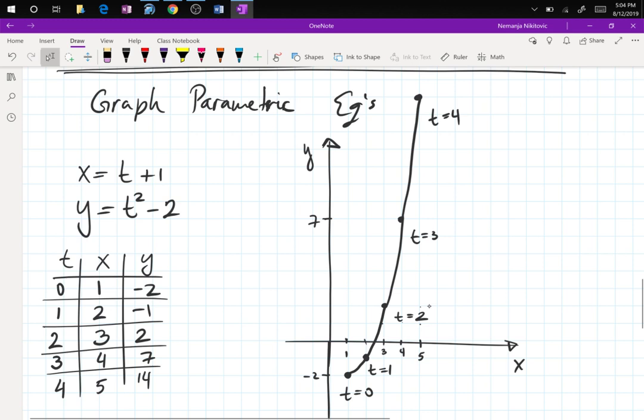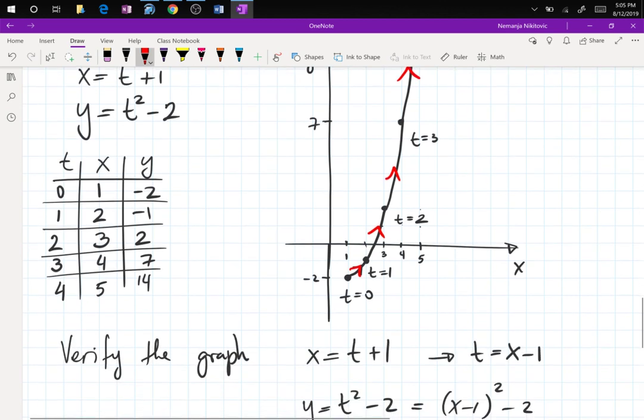And what t brings to the table as a parameter, doesn't have to be t, could be s, could be whatever, it brings the orientation, meaning which way you get to move as the line develops, which is why I put t equals 0, 1, 2, 3, 4 on the graph. We see that this graph progresses up from 0 to 4. It will always progress in the direction of increasing parameter value.